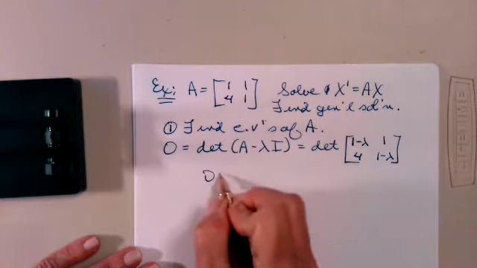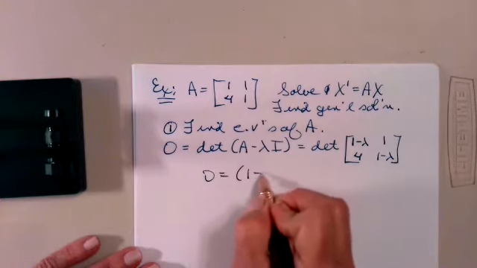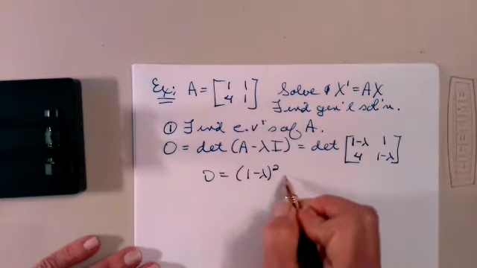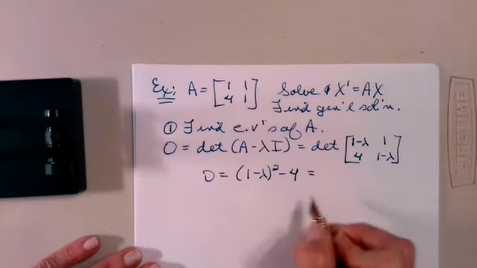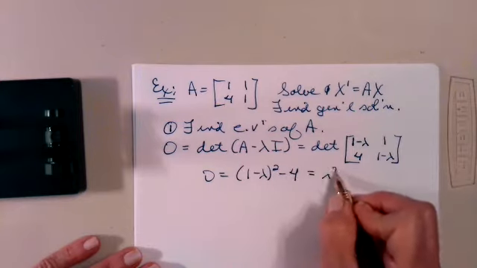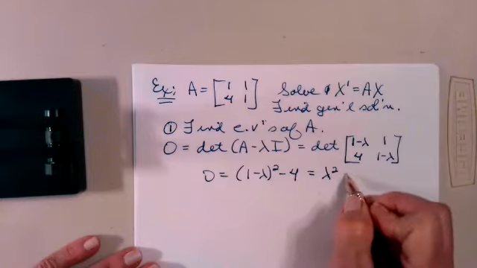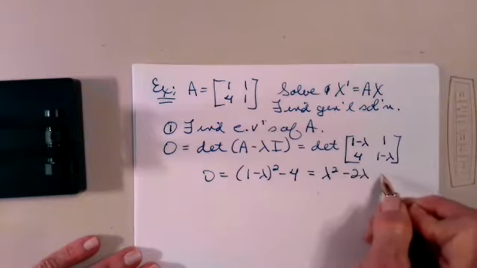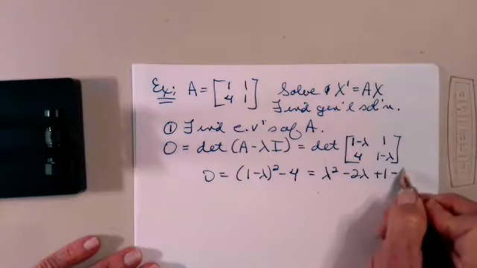And the determinant of that matrix is 1 minus lambda squared minus 4. So this is lambda squared minus 2 lambda plus 1 minus 4.